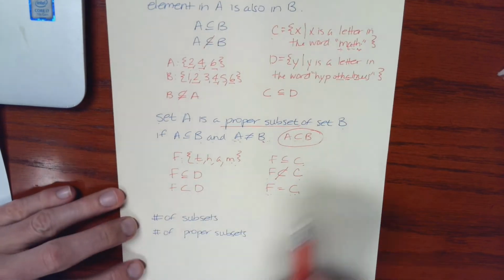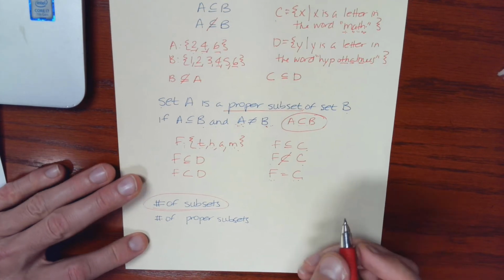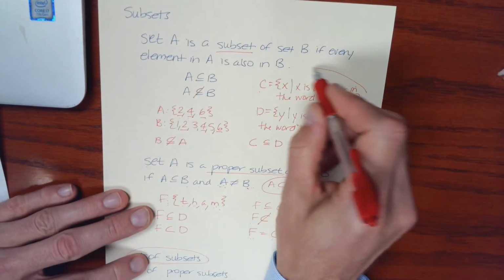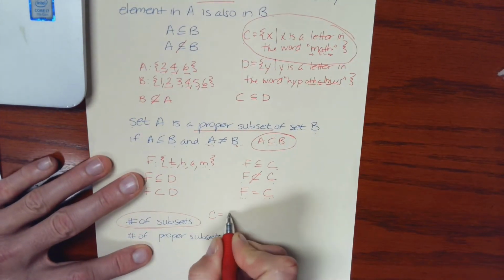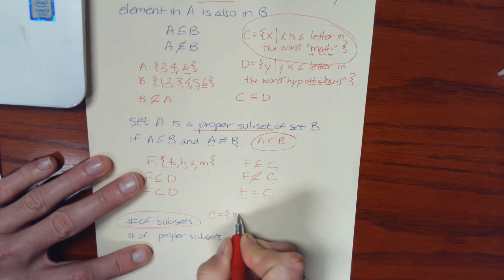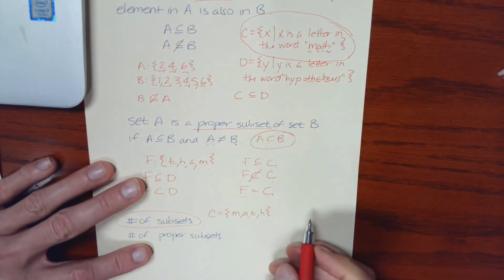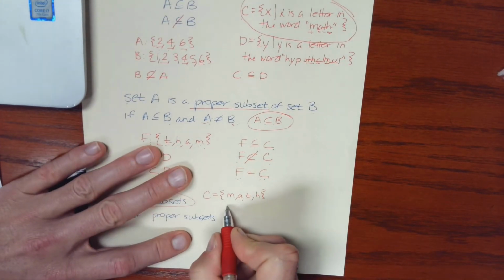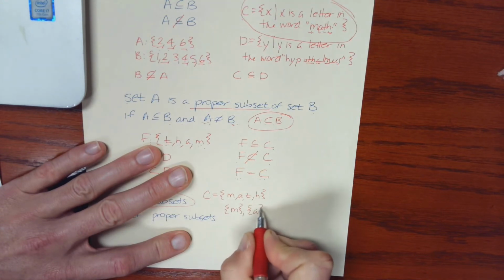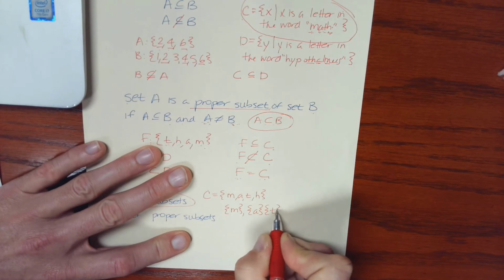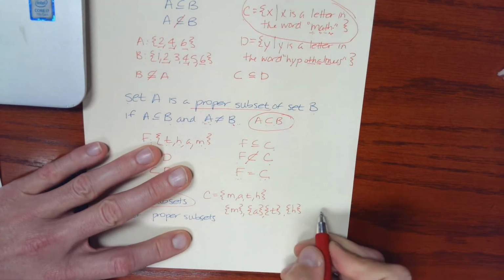So, all right. Let's say we define a set, and we want to know how many subsets the set has. So let's take this set C and see if we can figure it out. C, if I'm going to use the roster method, has M, A, T, and H as its elements. So the subsets would be the sets that just contain the individual letters, so M, A, T, and H. So those would be the single element subsets.